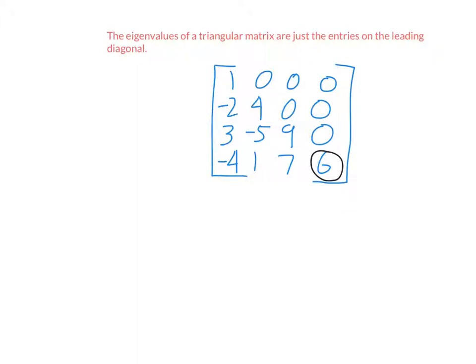In either case, having a row or column that is a scalar multiple of another means that the determinant of the matrix will be 0. So if you make any of these elements on the leading diagonal 0, then the determinant of the matrix will be 0.